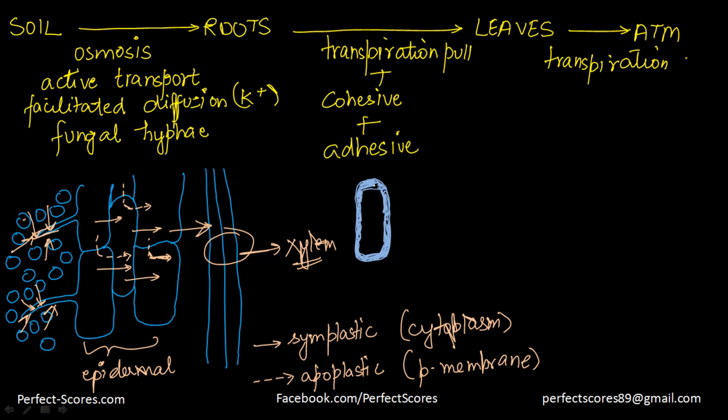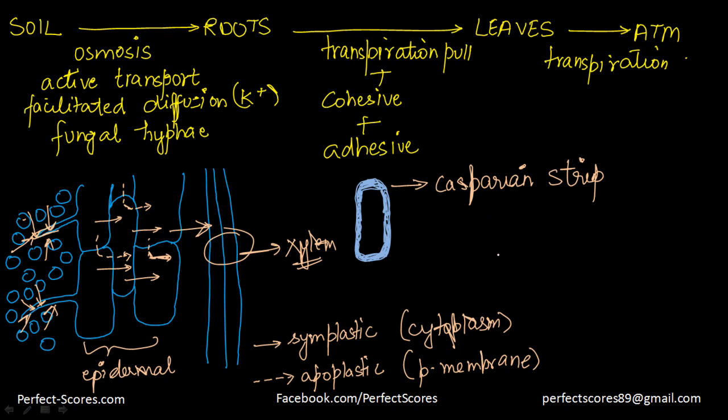Now, I hope you remember from the videos that we did on root morphology and structure that there is a specialized thickening known as a Casparian strip in these root cells. That is very common for all the neighboring cells of the root hair, and it helps in keeping it strong and sturdy.